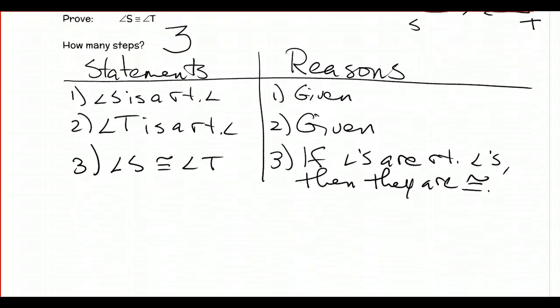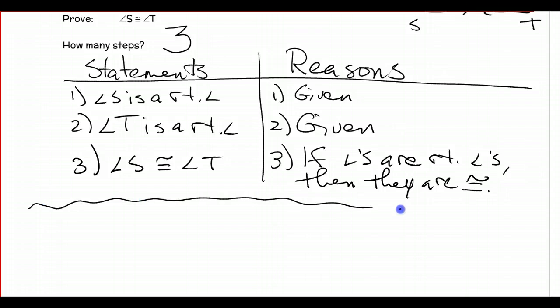Now, something I want to touch on before we end this video here is this theorem is a conditional statement. It's in the form if this then that. But it's not a definition, it's a theorem. And we know that anytime we do the converse of a definition, it has to be true. That's the nature of a definition. It's reversible, meaning the converse is true. But let's take a look at the converse of this.